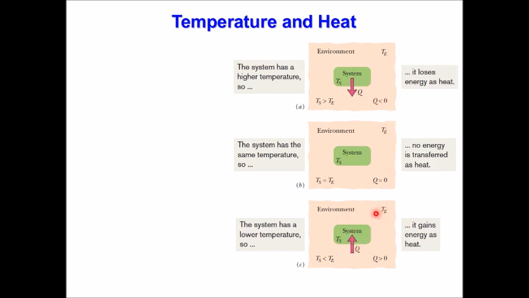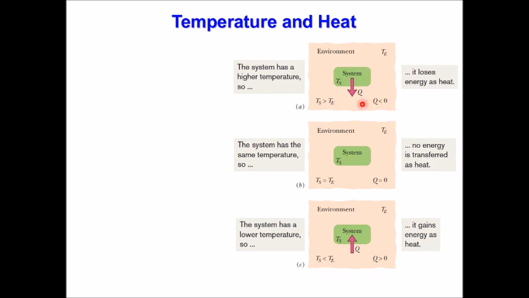When the temperature of the environment is hot, for example heating up something in the oven, this system will gain energy from the oven. So it will absorb heat. We say the system will absorb heat and the heat is positive.